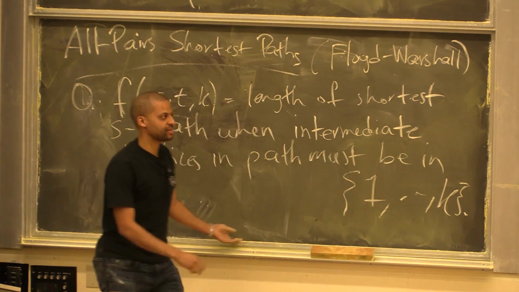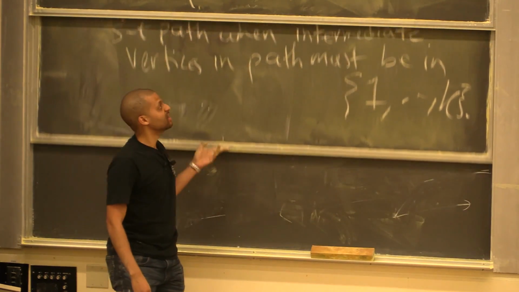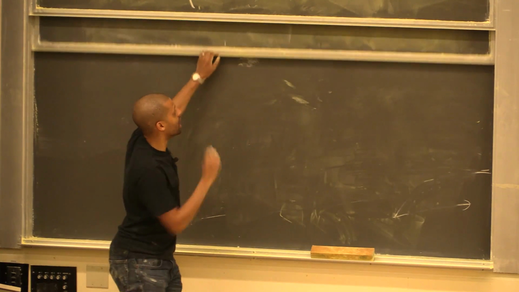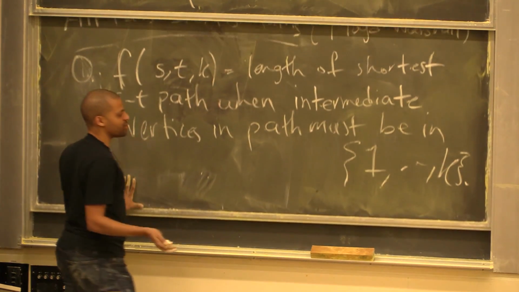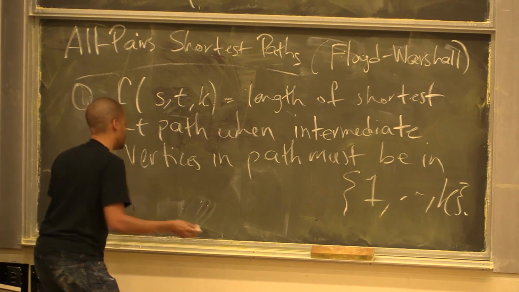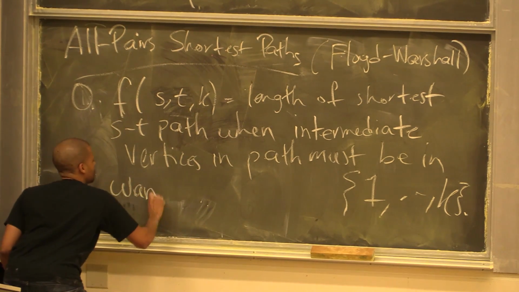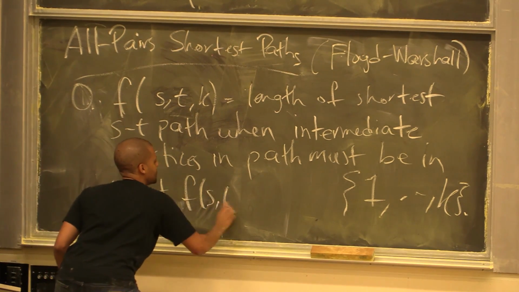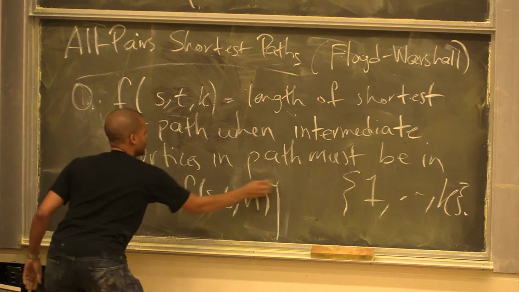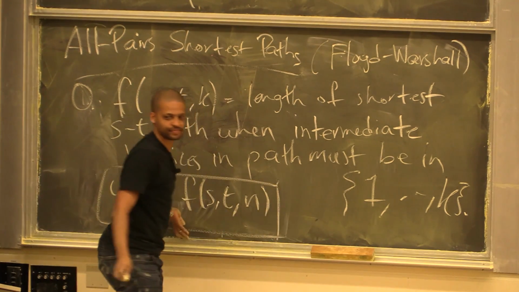Okay, it's kind of a clever thing. Oh, and what do I want? In an arbitrary path, the intermediate vertices are allowed to be anything. So what I want is f of s, t, n, because the intermediate vertices should be allowed to be anything.